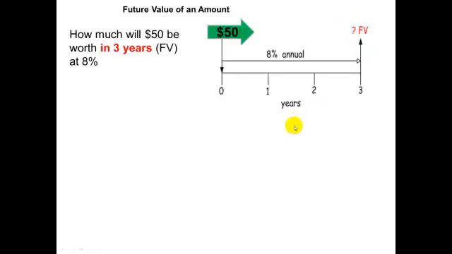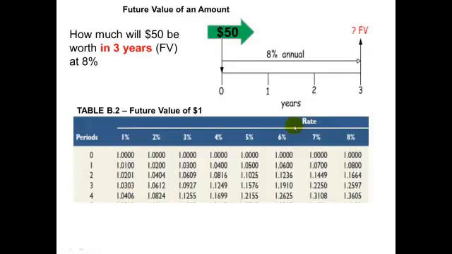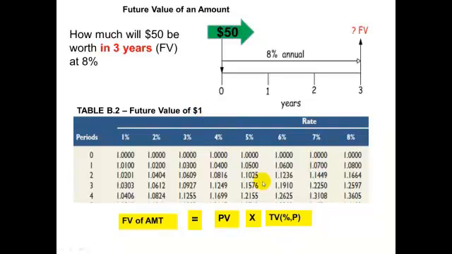What we're going to do is use the future value of an amount table. In my book it's called B2, and we're going to use the following formula. The future value of an amount is equal to the present value, which in this case is $50, times the table value on this table based on 8% interest for 3 periods.